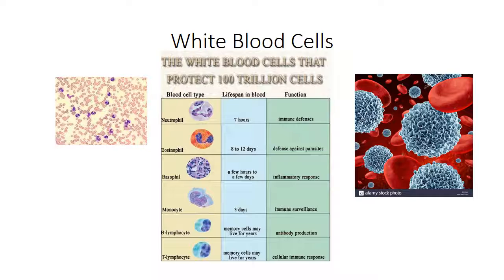Some neutrophils are able to phagocytosis. Remember, we mentioned phagocytosis in lectures about protists. We said that amoebas feed by surrounding their prey with pseudopodia and engulfing it. This is also what some neutrophils do.